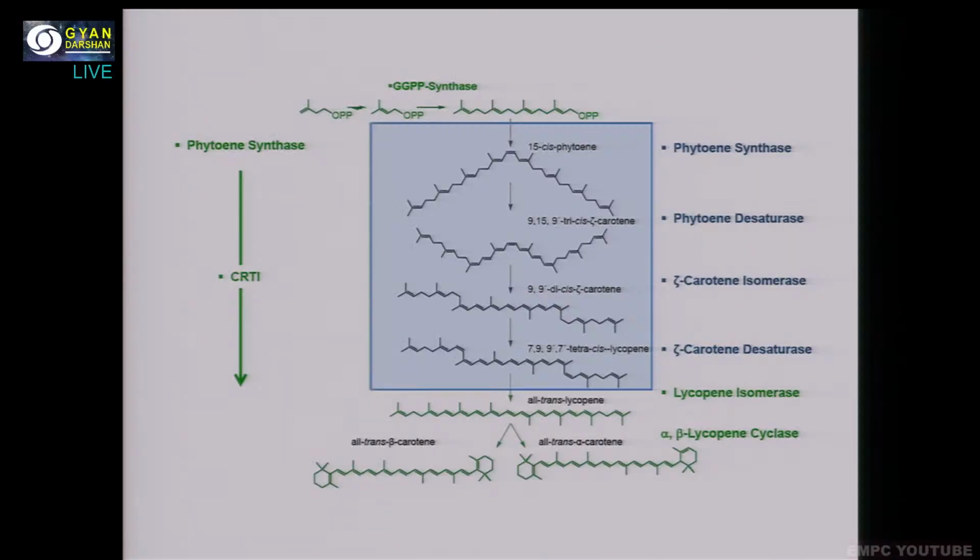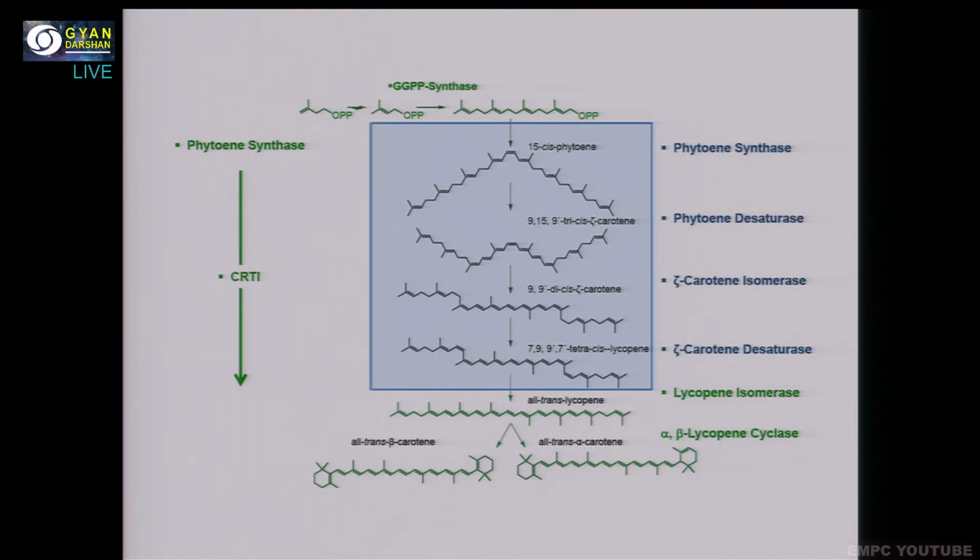So if you need to overproduce beta carotene in rice, you have to select all these genes and clone all these genes in rice, and only then will it be capable of producing beta carotene. It is quite tedious work, and it has in reality been done by a lot of research groups all over the world. They have found that you can substitute these enzymes, like phytoene desaturase, zeta carotene isomerase, and zeta carotene desaturase, with one single enzyme, designated here as CRT1, which stands for carotene desaturase.